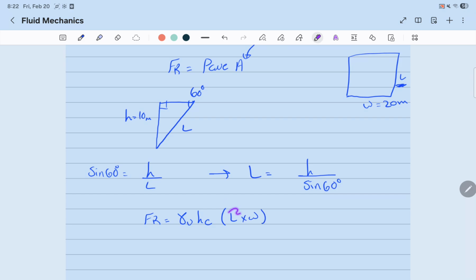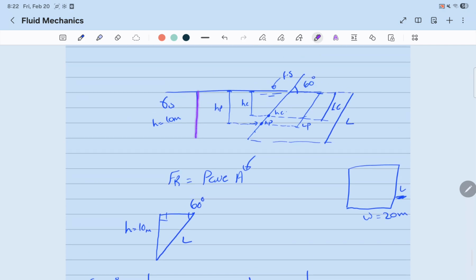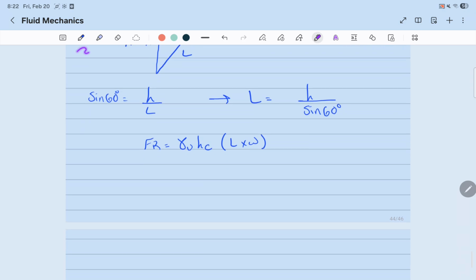In the previous example, we used the depth H for L, but since the wall is now inclined, we can no longer use the depth of the fluid for the length of the wall. Since it's inclined, we have to find it. The specific weight is given, HC is known, L we found, and the width is given. So we have our resultant force.